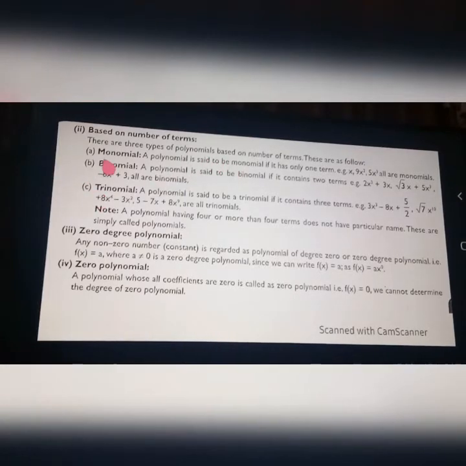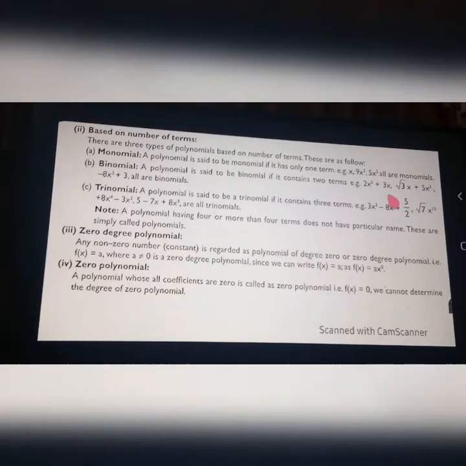And second, binomial. A polynomial is said to be binomial if it contains two terms. Here, in the example, it has only two terms. In this polynomial, how many terms are there? 1, 2.